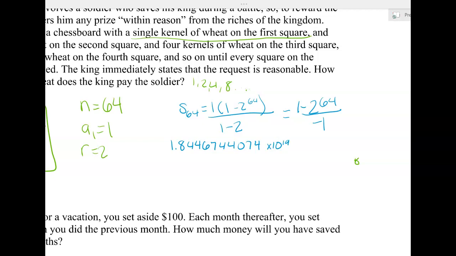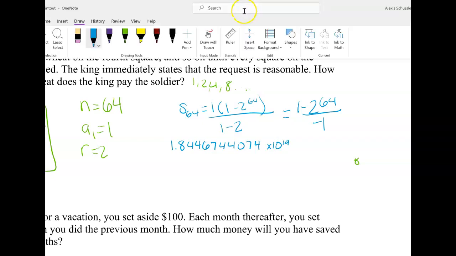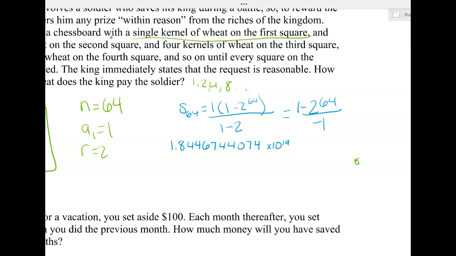Times 10 to the 19th is just that scientific notation that hopefully we've seen at least in chemistry at this point, which just tells me that I'm going to be moving that decimal place to the right 19 times. So I'm going to go ahead and rewrite that number, and I'm going to move that decimal point to the right 19 times.